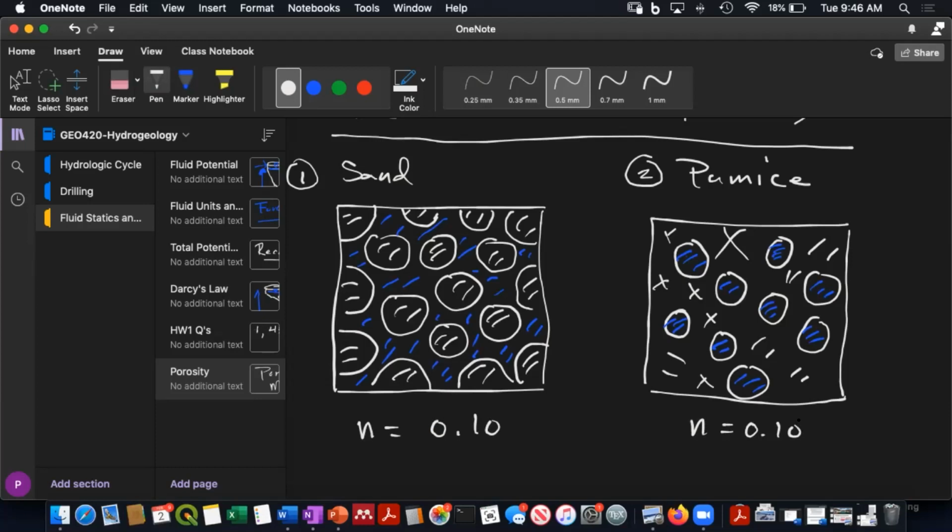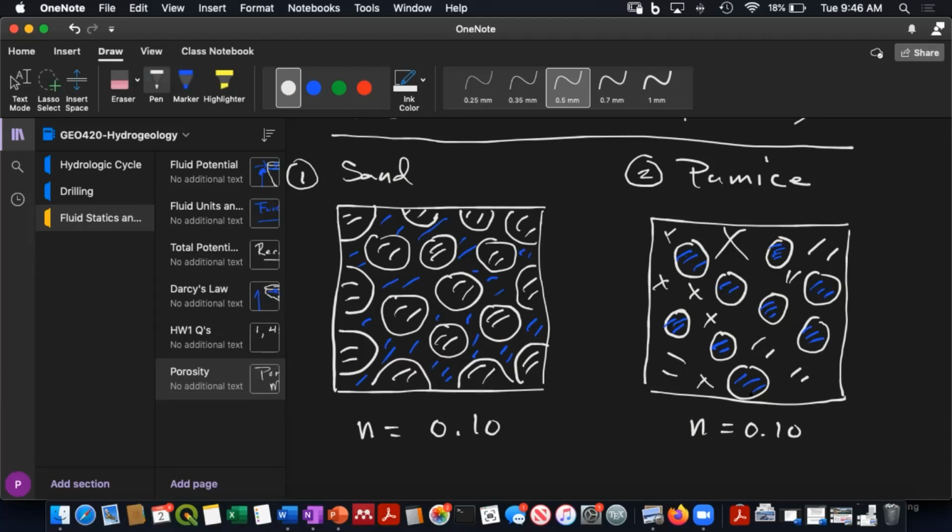Now, there's a big difference in the pore networks here, right? If I'm a hydrogeologist or some reservoir engineer in an oil patch, I am interested in the volume that's available for active fluid flow, right?